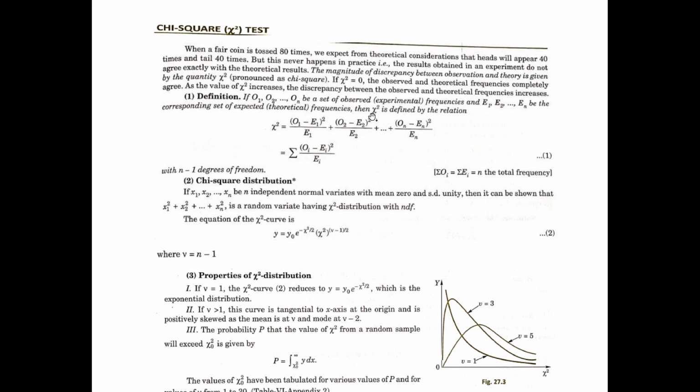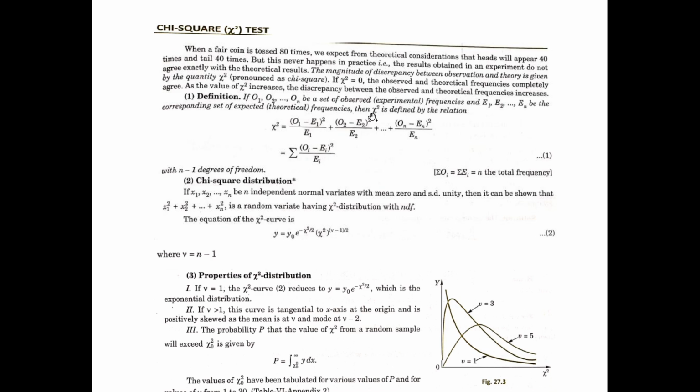So when a coin is tossed 80 times, our assumption is that half of the time it will show the head, half of the time the tail. But when we do it practically, it will not happen most of the time. So we have a discrepancy, a magnitude of discrepancy between the observation and theory.